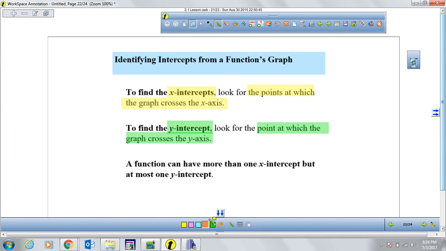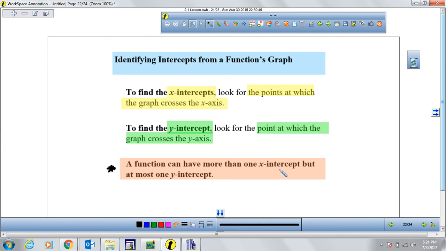Now, on the other hand, keep in mind this statement right here, which is a very important fact. A function can have more than one x-intercept, but at the most one y-intercept. Because if I have a function that has more than one y-intercept, then it is not a function because of the vertical line test. Okay, so this is what I'm talking about.